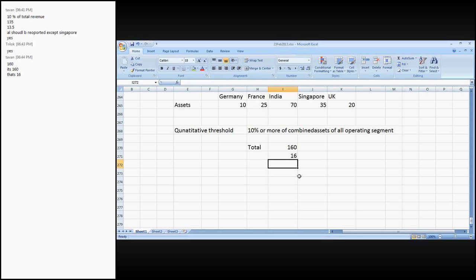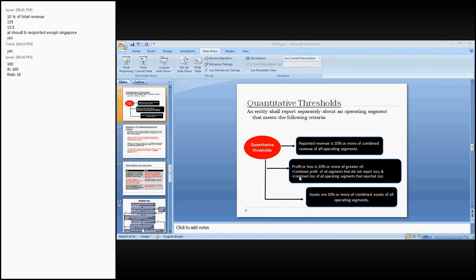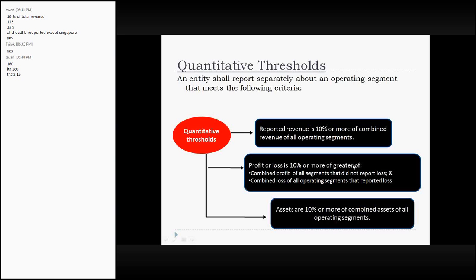Now have a look at the third. Please read only after the grid. Read the first line. Just read combined profit of all segments that did not report loss.